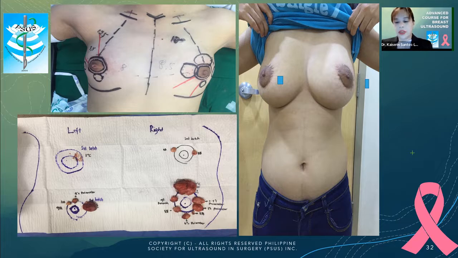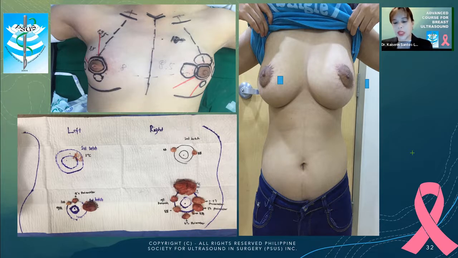For lesions not necessarily malignant, but also for benign lesions, if they are scattered all over the breast, multicentric, and we wish to excise them with minimal tissue manipulation and less volume of tissue, ultrasound is used to map out where these exact lesions are, so we can plan the proper oncoplastic procedure.